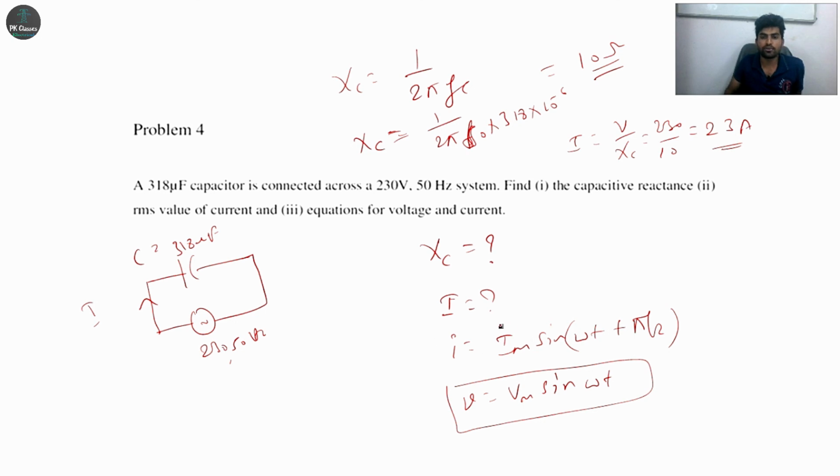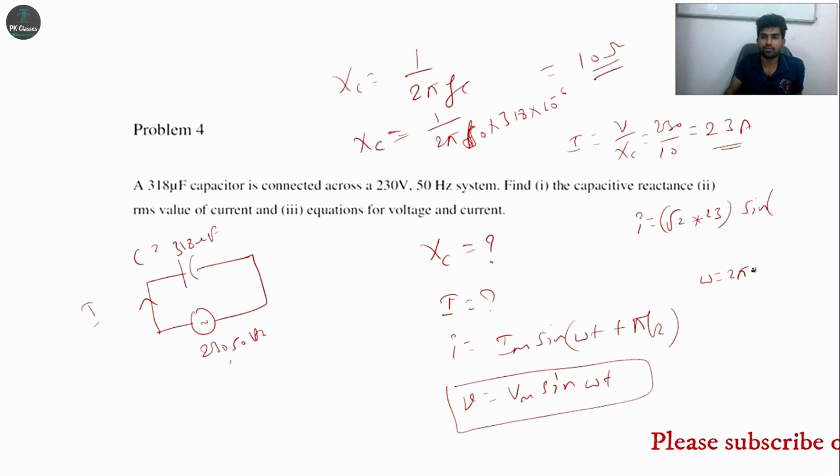Next, we need to determine the equations of voltage and current. Im is equal to root 2 into I, which is root 2 into 23.